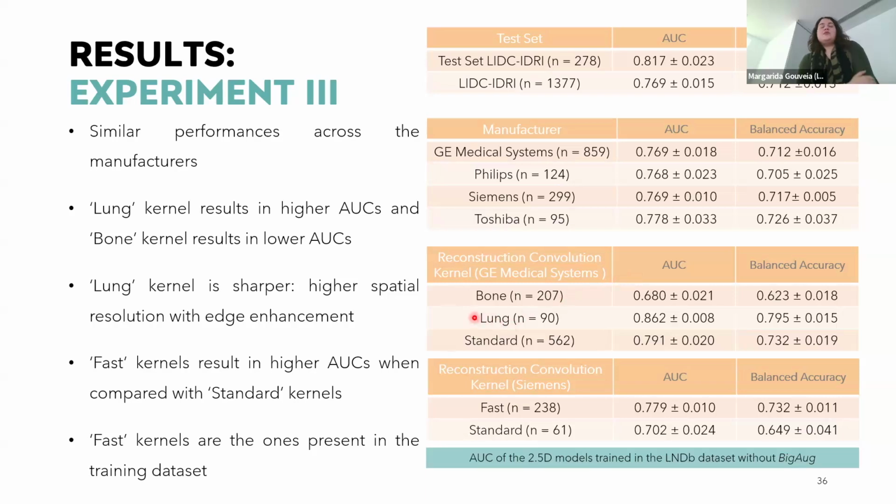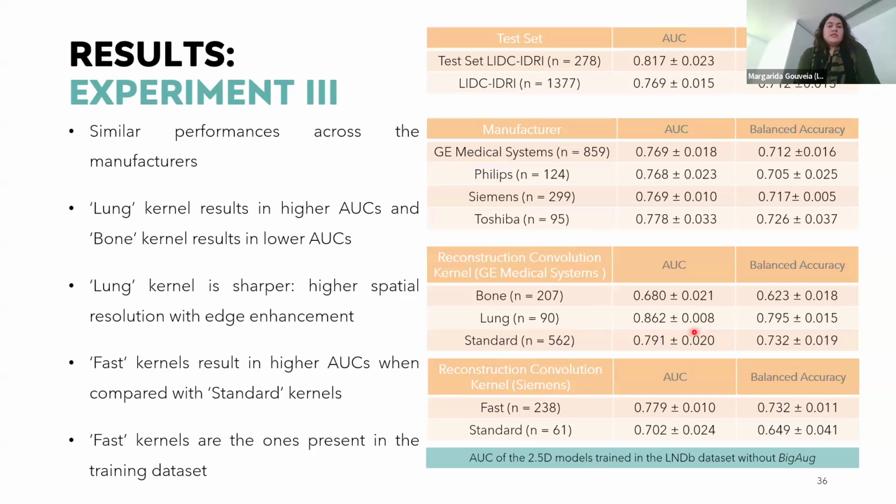Considering this, we saw that nodules that come from images acquired with the lung convolutional kernel, in these nodules our model behaves best. Basically, this filter applies an edge enhancer that increases the contrast for the lung area.